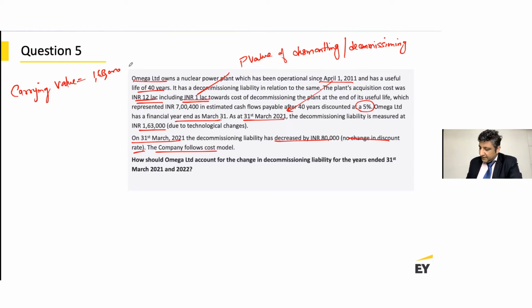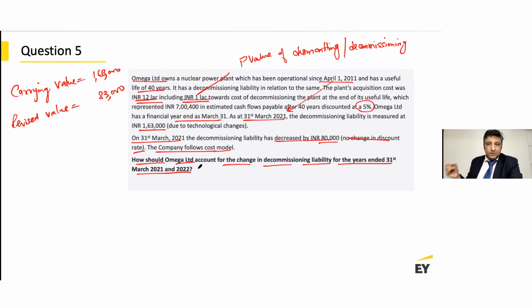Okay, but this has decreased by 80,000, which means that the revised value is 83,000 for us, right? The company follows cost model, and it asks how Omega Limited should account for the changes in decommissioning liability for the years ended 31st of March 2021 and 31st of March 2022.